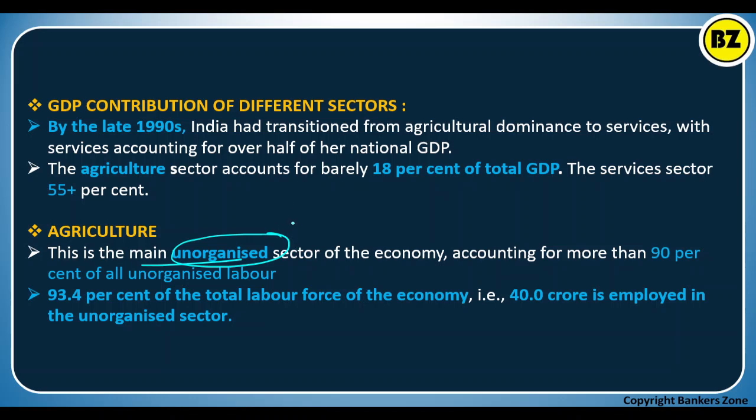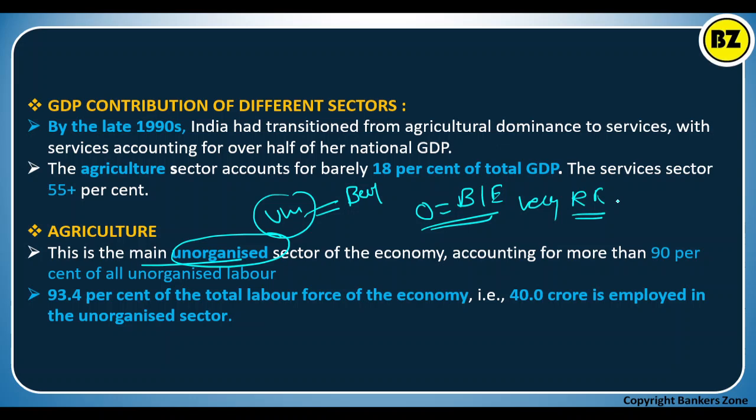Simply, in simple words I will tell you, unorganized means those not protected by the law. Organized means, say, bank employees, these have very well defined rules and regulations. For example, working hours are fixed, their salaries are fixed, and they have unions. So the unorganized sector doesn't have unions. Okay, so these are the differences that we will be discussing in the next slides.